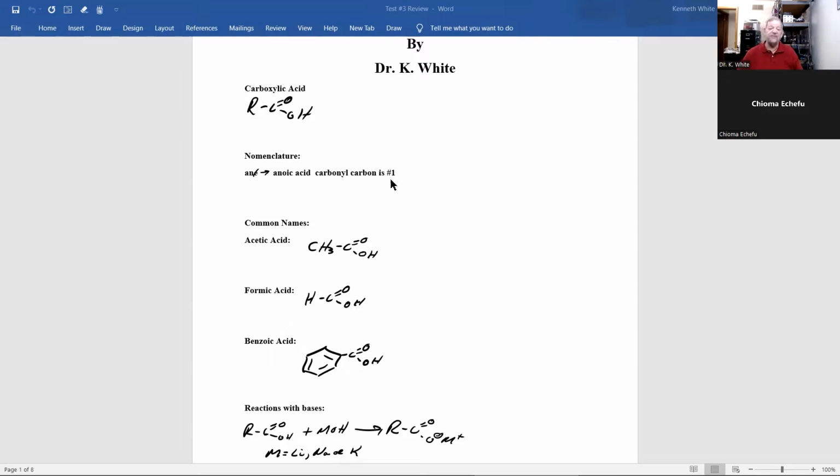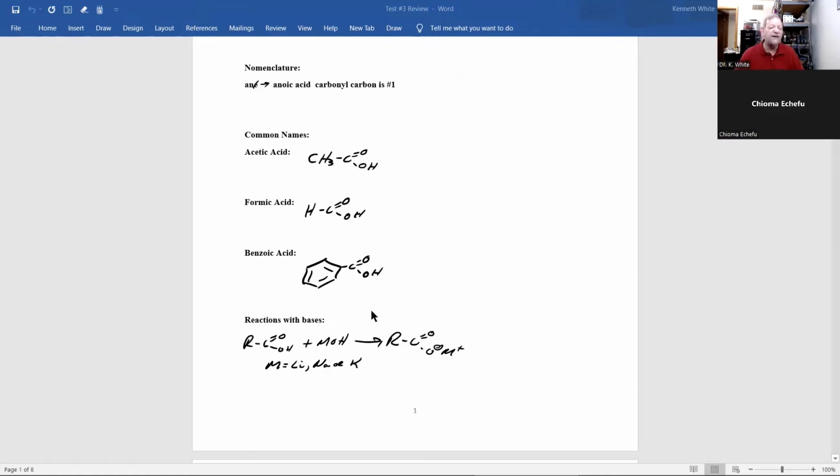You should. And then when R in a carboxylic acid is H, that's formic acid. When R is a benzene ring, IUPAC said, well, we're not going to change those organic chemists. The common name was also made the IUPAC name, and that is benzoic acid.